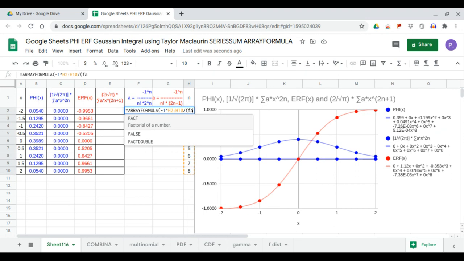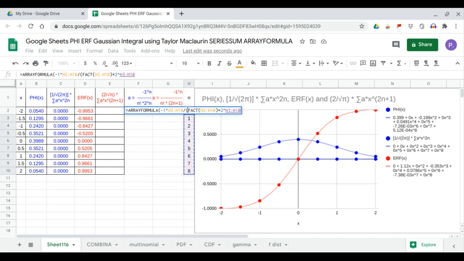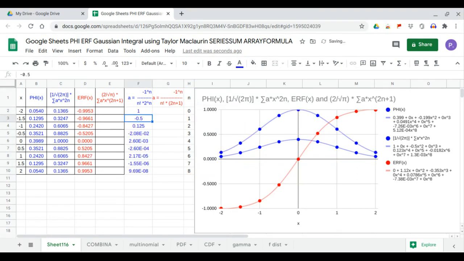There are two parts, factorial of n times 2 to the power n. So this is our value here, which corresponds to this.